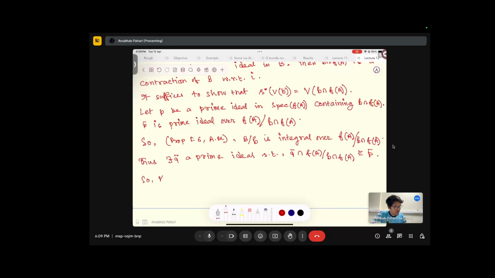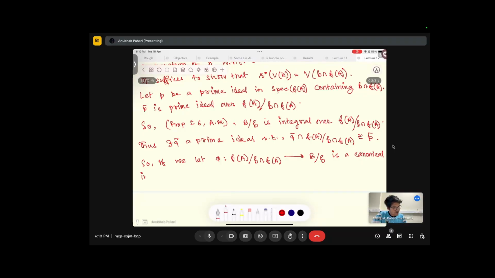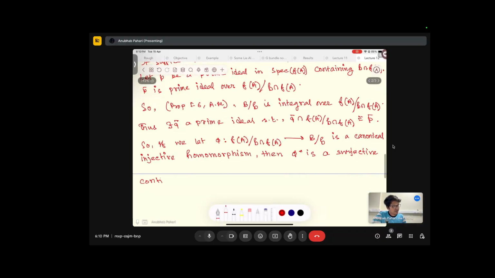So if we let phi: f(A) by b intersection f(A) going to B by b be the canonical injective homomorphism, then phi upper star is a surjective continuous map.